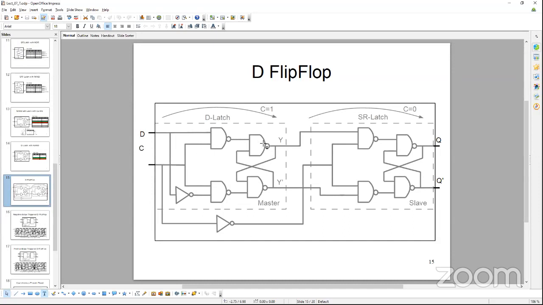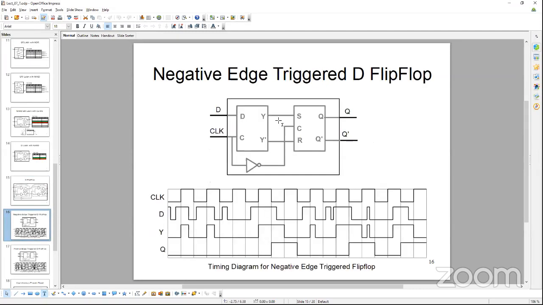In the master side, we are using a D latch, and in the slave side, we are using an SR latch. The output Y of the D latch is connected to the S of the SR latch, and Y bar is connected to the R of the SR latch, and the clock is fed inverted.